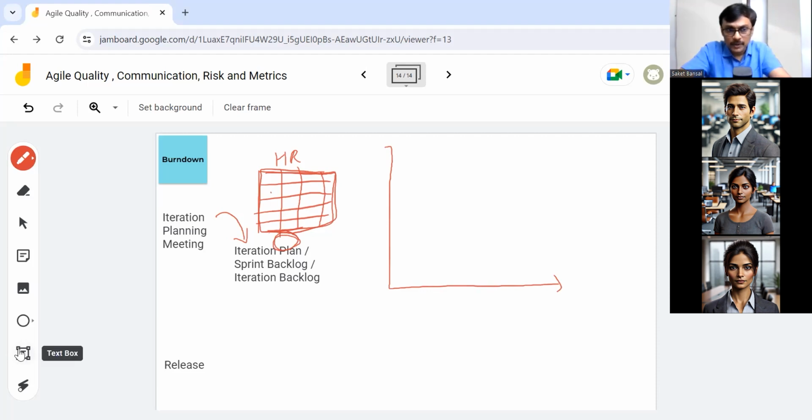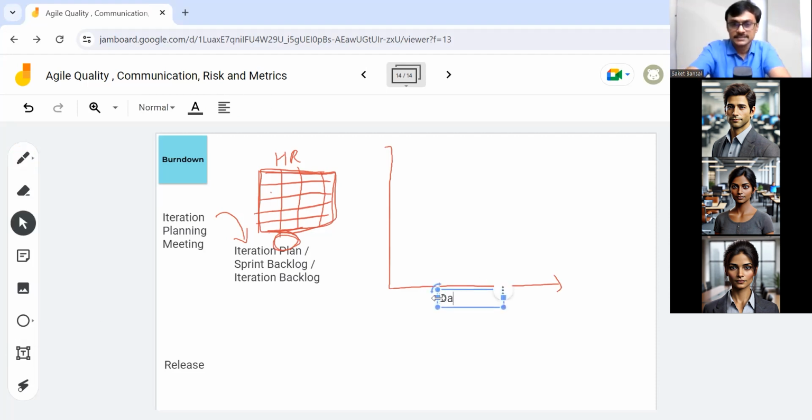The x-axis is days. Every day I want to find out, so every day I will plot this chart. Say I have 10 working days here. And then the y-axis is remaining work, the work which is remaining in my iteration or in my situation at hand.